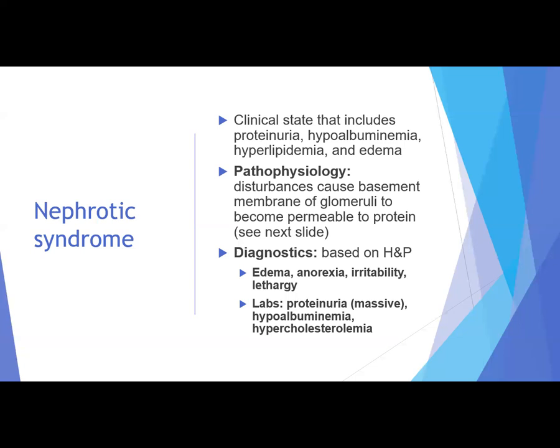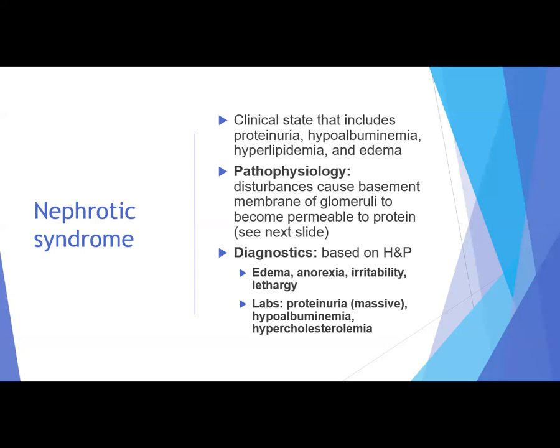Okay, so what we see happen, you can see our clinical effects there, but what happens is we've got that increased glomerular permeability, meaning that things are easier to move into those glomeruli. That increases urinary protein loss, and we see that manifested in those categories there, that proteinuria, that hypoalbuminemia, hyperlipidemia, and that edema.